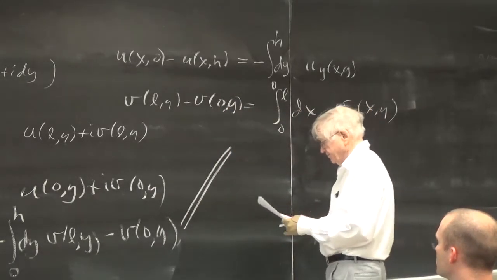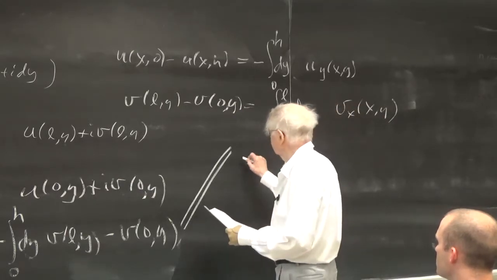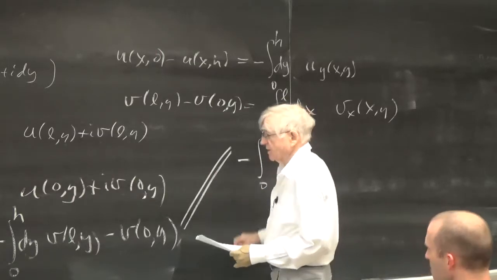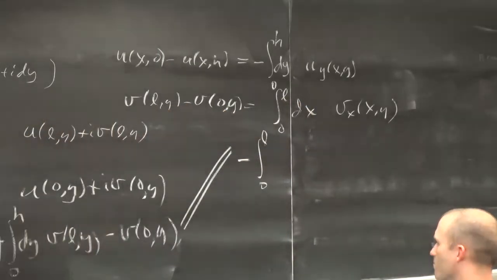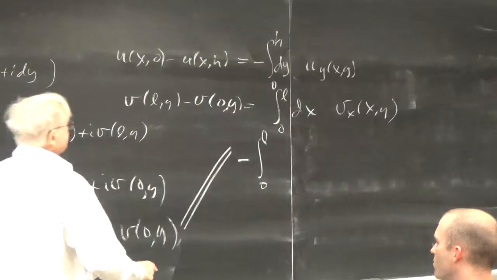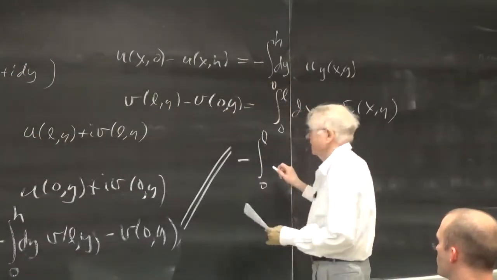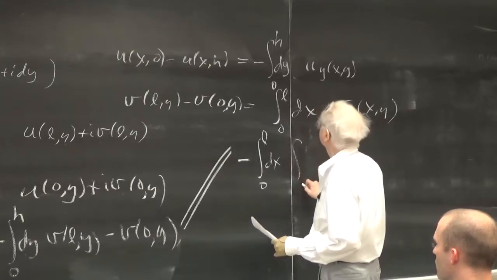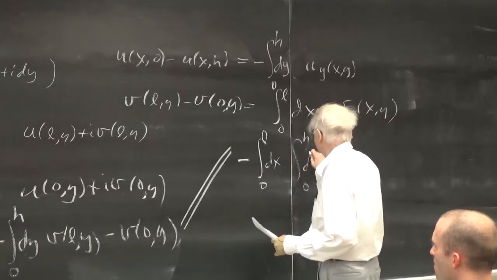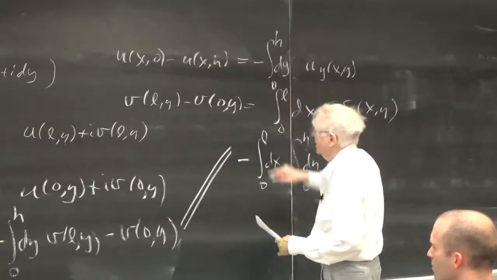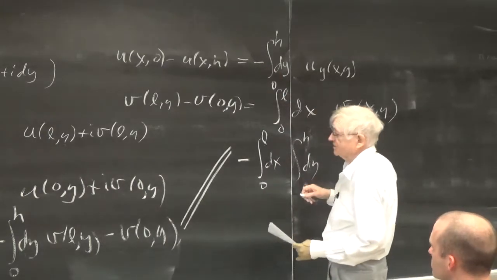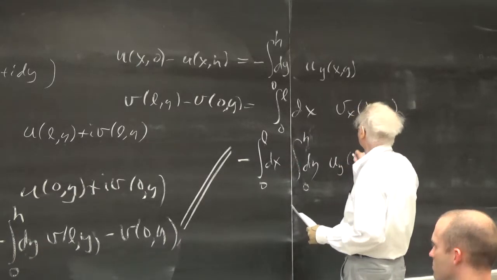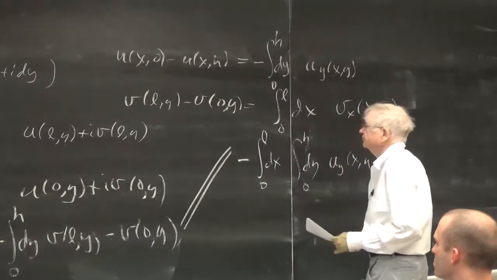as two double integrals. First one with a minus sign, 0 to L, that's this part, and then the difference in the u's brings in the minus sign, so we have dx there, integral 0 to h dy, and the minus sign is that minus sign, and what we've got is simply this, u sub y of x and y.